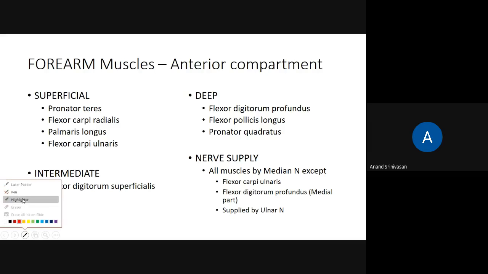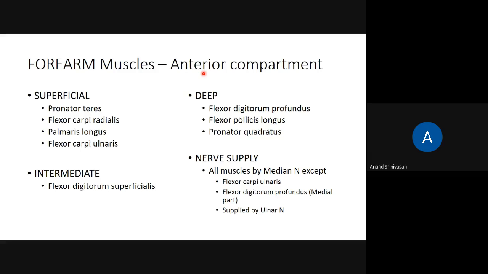I said the forearm can be divided into anterior compartment, lateral, and posterior compartment. Now let's see what the muscles in the anterior compartment of the forearm are. They can also be called the flexor compartment, because they help in flexion of the wrist, as well as some of them in flexion of the fingers.